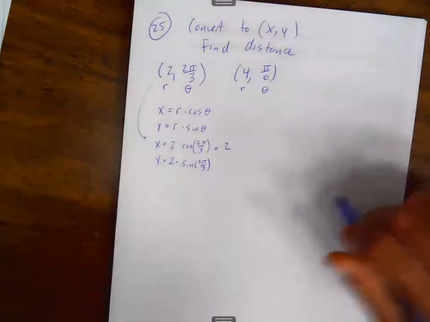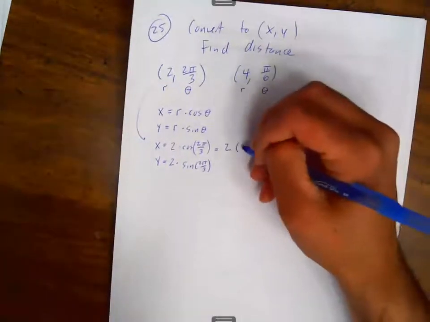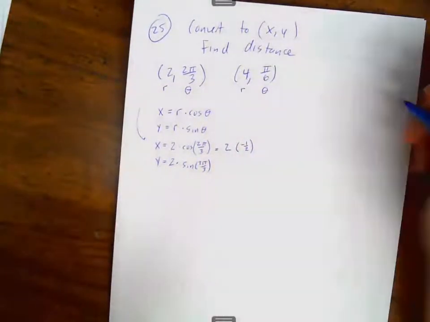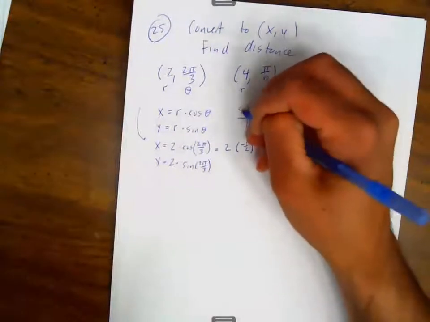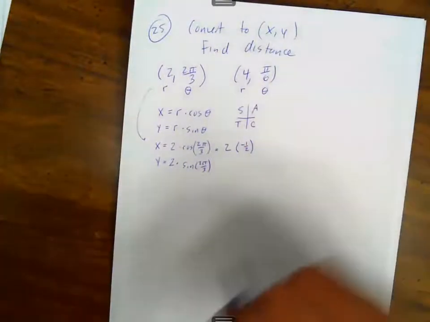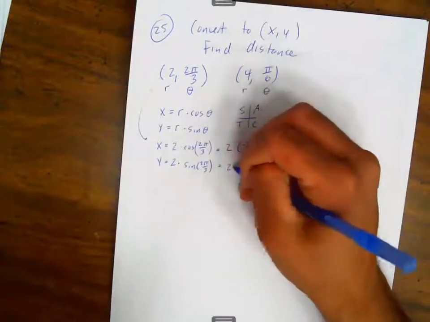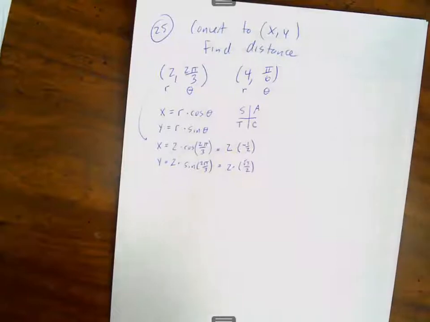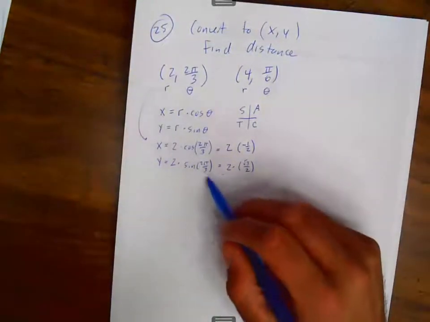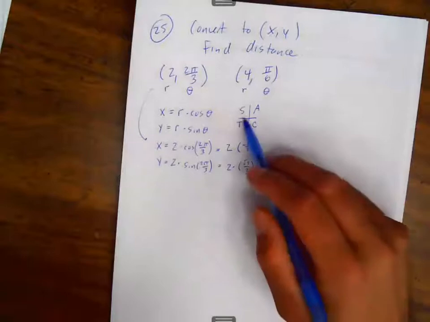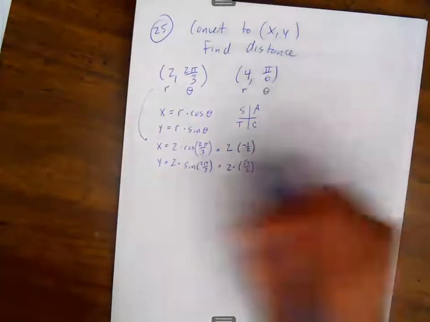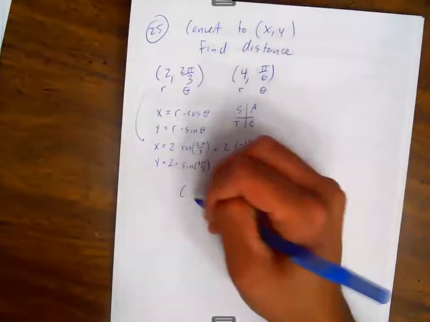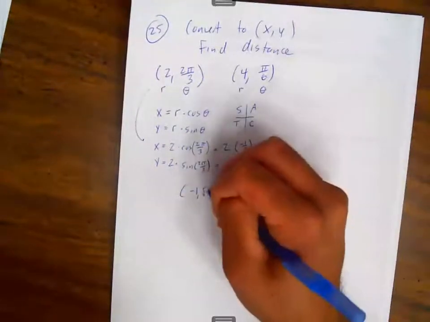So the cosine of 60 is 1/2, so cosine of 120 or 2π/3 will be -1/2, because in quadrant 2, cosine is negative. Only sine is positive in quadrant 2. So this would be 2 times positive √3 over 2, because the sine of 60 is √3 over 2. So this first point converted to rectangular would be (-1, √3).